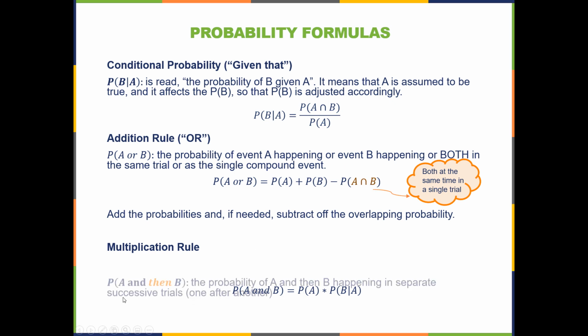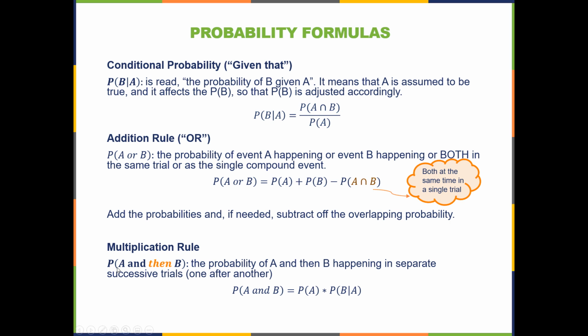Now, the multiplication rule is often known as the AND rule because when you can phrase something with the word and, it's usually something that can use the multiplication rule. But we have to be careful that we don't confuse the word and used here with the way that the word and is used here. The multiplication rule is for multiple trials. So this would mean A and then B. So we're talking about the probability of A happening first and then B happening in a separate successive trial, one after another.